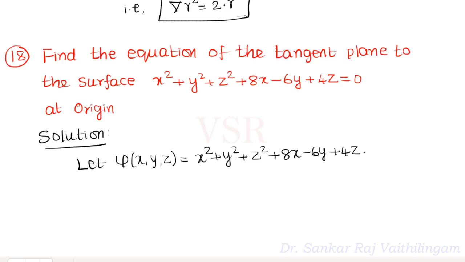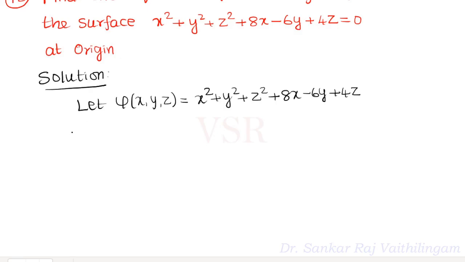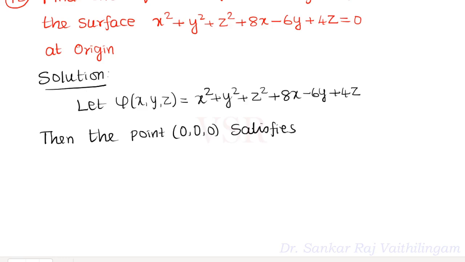Then the point origin 0, 0, 0 satisfies the condition: phi of 0, 0, 0 is equal to 0.